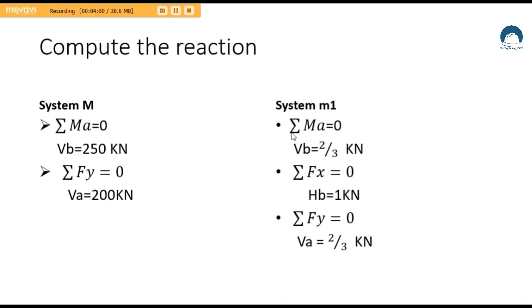Okay, taking moment about point A in dummy system, we get VB equals to 2/3 kilonewton, and taking the sum of upward forces or vertical forces equal to 0, we get vertical force at A equals to 2/3 kilonewton, and taking the sum of horizontal forces equal to 0, we get the horizontal reaction at support B equal to 1 kilonewton.